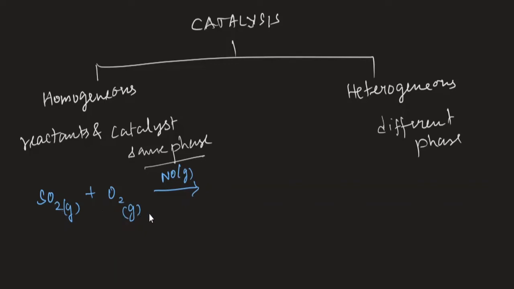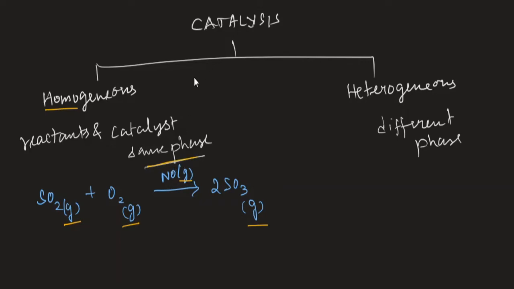These are gaseous reactants, the catalyst is also a gaseous substance, and the product, sulfur trioxide, is also a gas. Gas, gas, gas, gas. That's why it is homogeneous. They have the same phase.